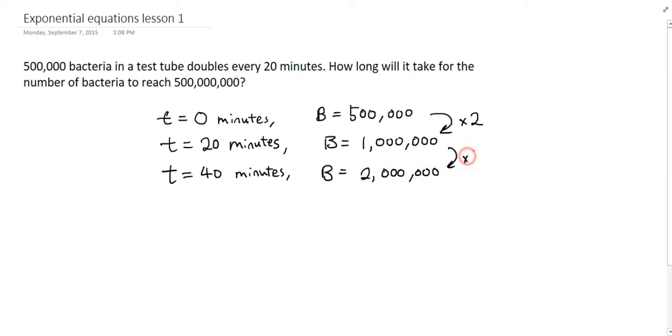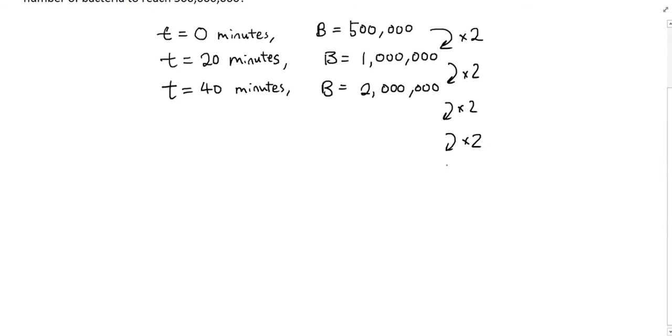So the question is, how many times do we have to keep doubling the bacteria until we get to 500 million? How many times?